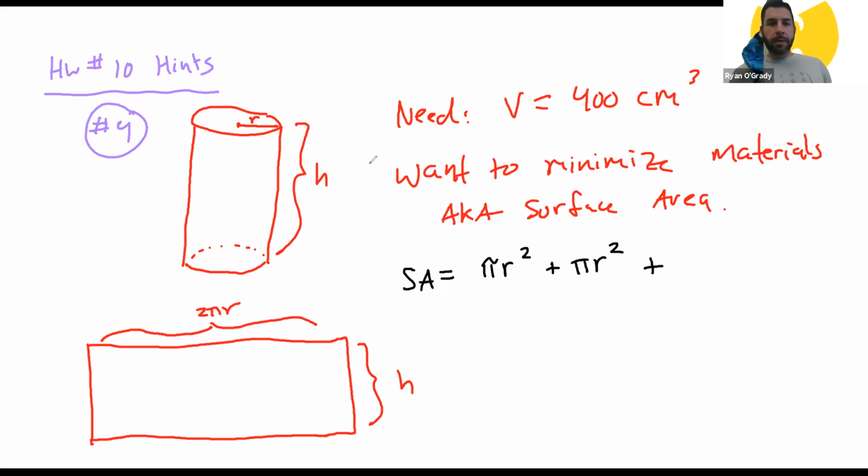And so the missing piece here for the materials is this thing. What's the area of this? It's 2 pi r times h. So if you want this to be annotated, we could say this is the top, this is the bottom, and this is the sides.